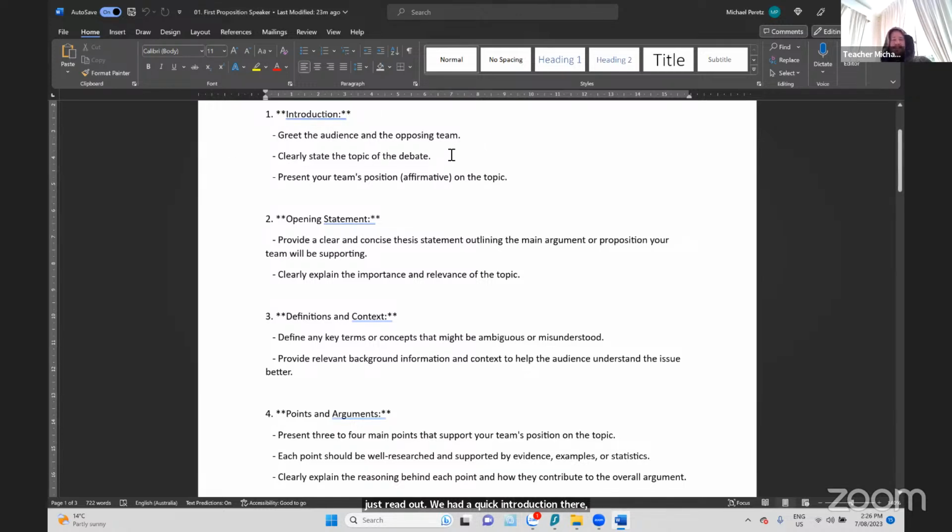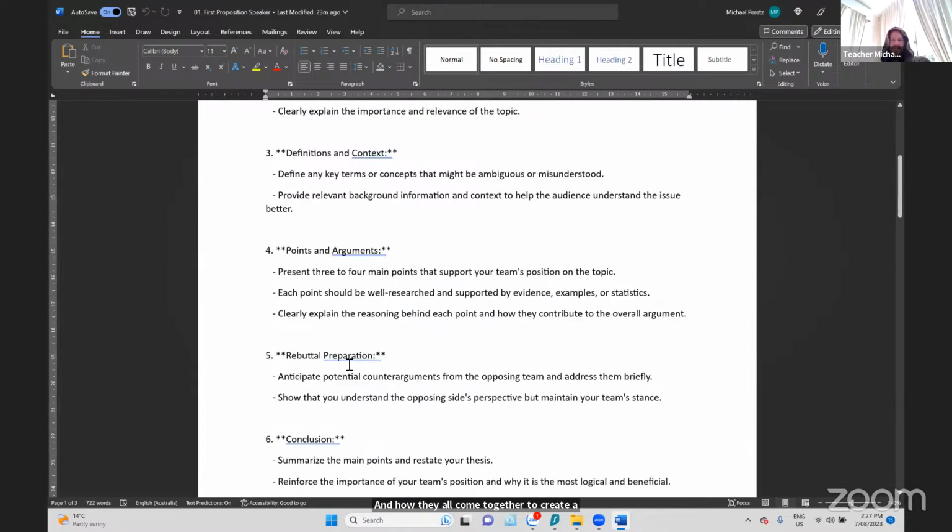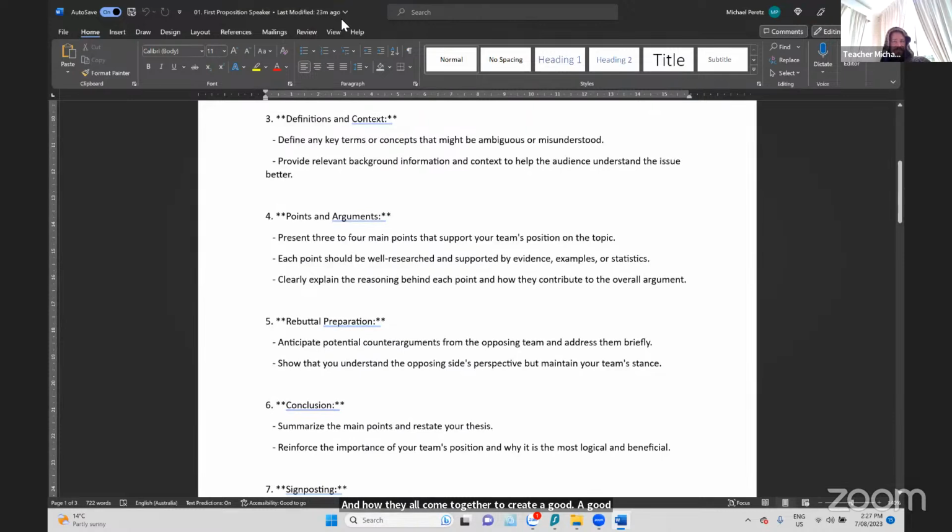We clearly stated the topic of the debate and the team's stance. So we saw all of these parts that we read out at the beginning and how they all come together to create a good speech for the first proposition speaker.